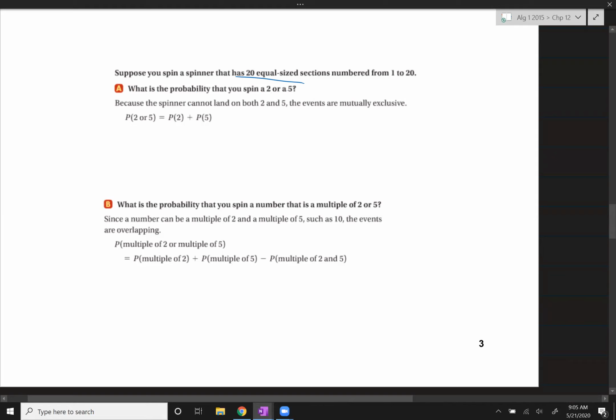Notice what we do is find the probability of a 2, and we add on the probability of a 5, because a 2 can't be a 5. 2 can be even, but it can't be a 5. So the way they're asking the question is very important here. 1/20th is a 2 plus 1/20th is a 5. So it's 2/20ths or 1/10 or 0.1.